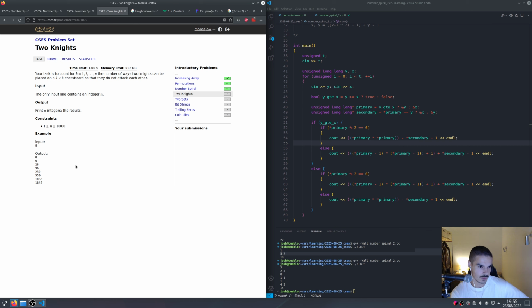The only input line contains an integer n. A k by k so that they don't attack each other. Oh, okay. I see that now.